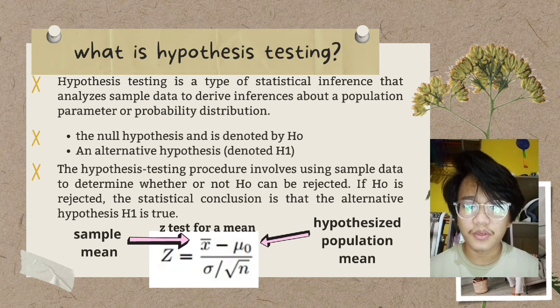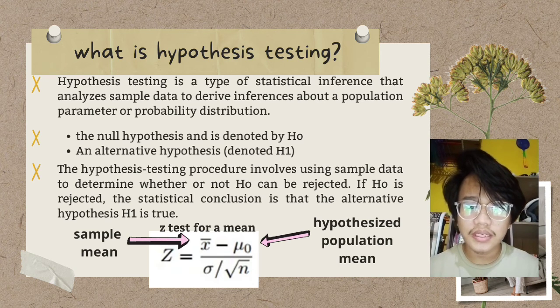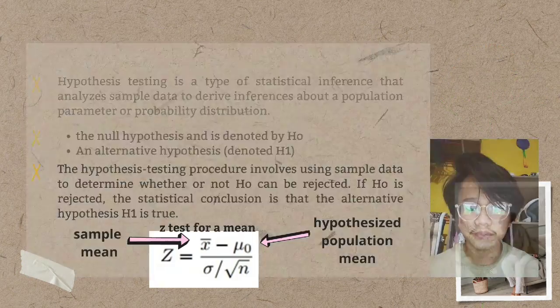Then the alternative hypothesis, denoted H1 or HA, is defined, which is the inverse of what is stated in the null hypothesis. The hypothesis testing technique entails using sample data to evaluate whether H0 can be rejected or not. If the null hypothesis is rejected, the statistical conclusion is that the alternative hypothesis HA is correct.